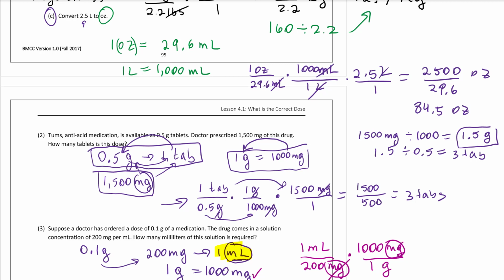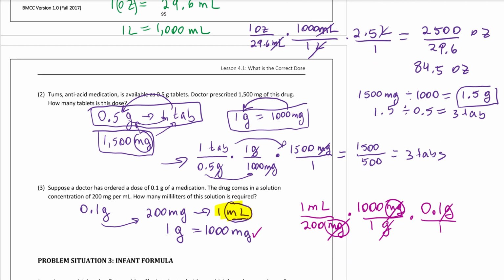You see, the idea is to cancel those units. This is the arithmetic idea: in order to cancel something in the numerator and denominator, they've got to be the same. And finally, to cancel the grams, we know that the dosage was 0.1 gram. So you put it like this, and then you can multiply across, and you get 100 divided by 200. This is an ml. So you simplify, and you get 0.5 ml.